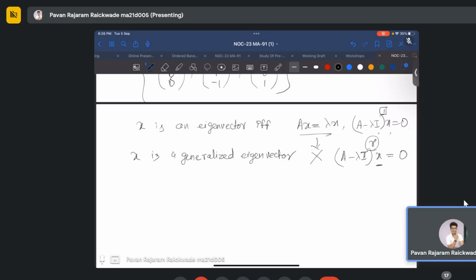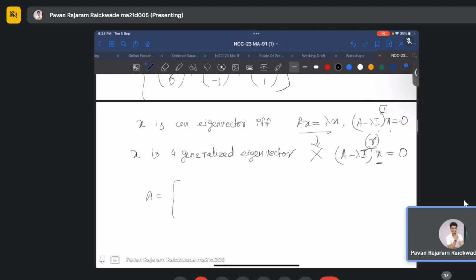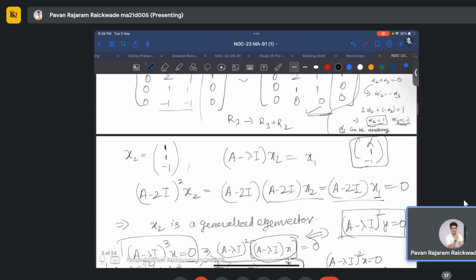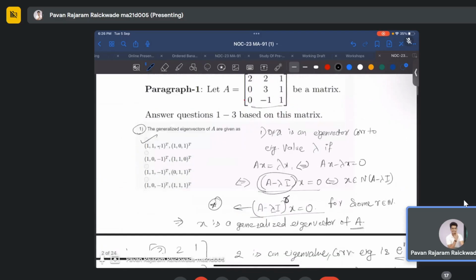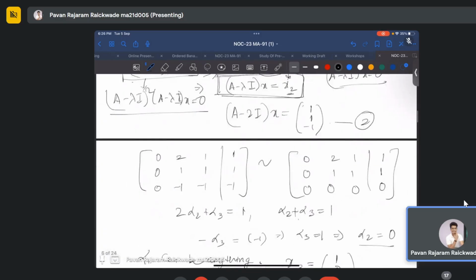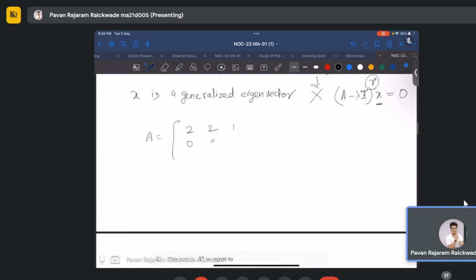For example, in the current matrix that we took, what was it? 2, 2, 1, then 0, 3, 1, 0, 0, minus 1. In this matrix, you can see the vector 1, 0, 0 is an eigenvector because if you compute A times (1, 0, 0), you get 2 times (1, 0, 0).